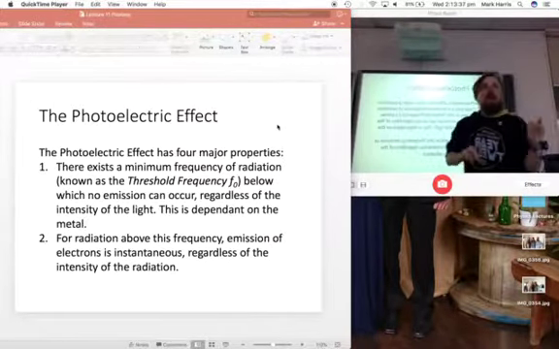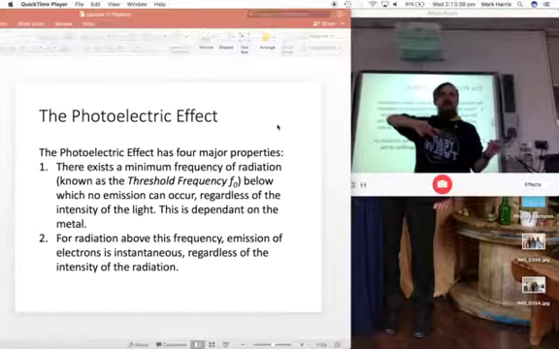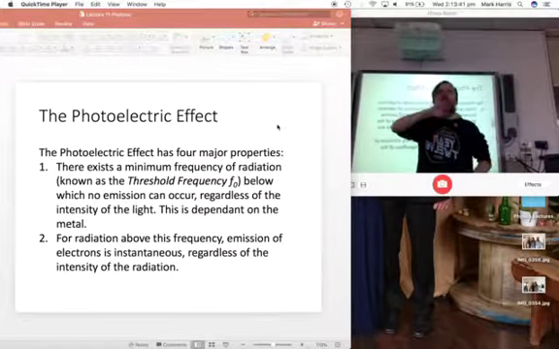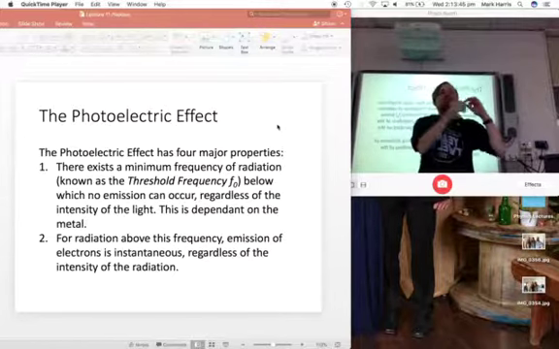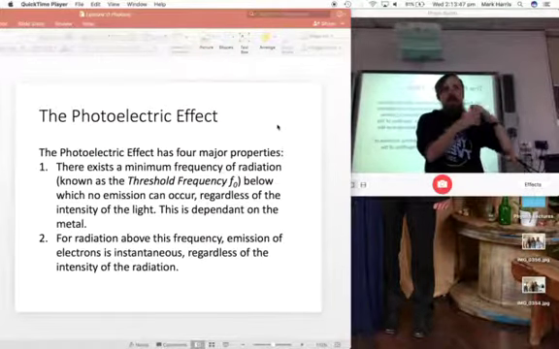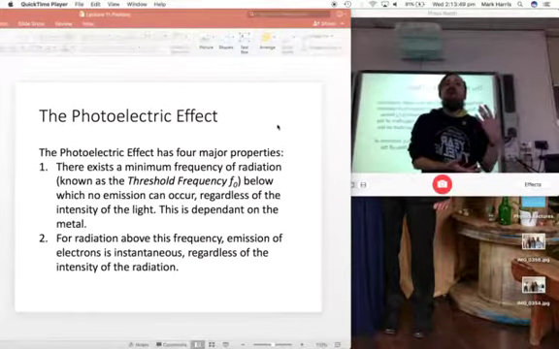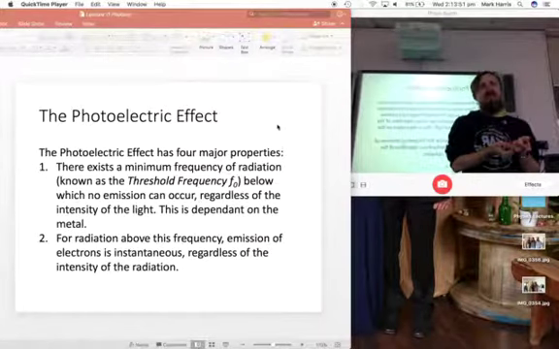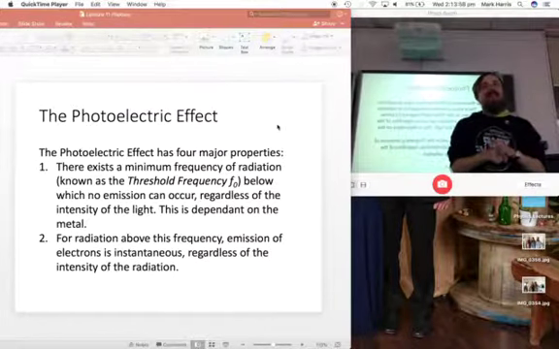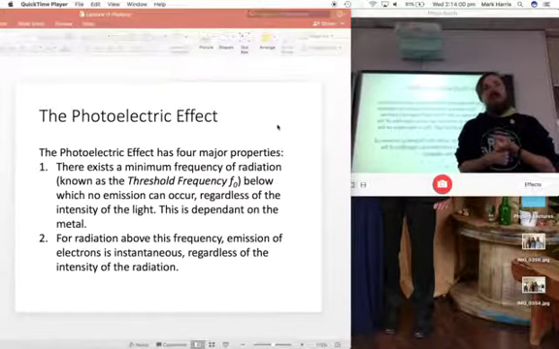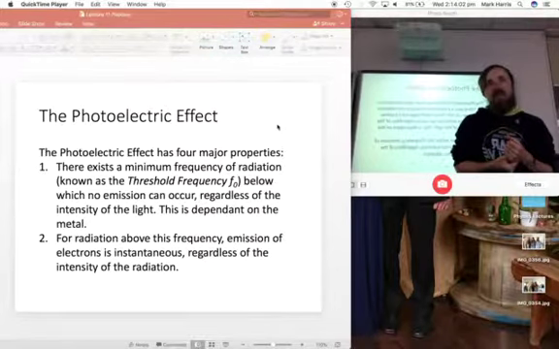You turn it up to higher frequencies, you get more and more electrons coming off until you get the ones that are tightly bound by the nucleus. They'll come off, and eventually there'll be no electrons left, and then what do you have? A gas without electrons.